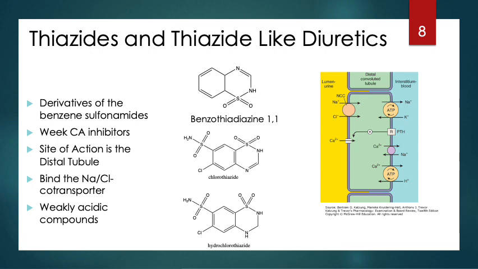So the further studies that were undertaken to design benzene disulfonamide derivatives led to the discovery of thiazide diuretics. Now, those thiazide diuretics actually are not really great carbonic anhydrase inhibitors. They are weak carbonic anhydrase inhibitors.